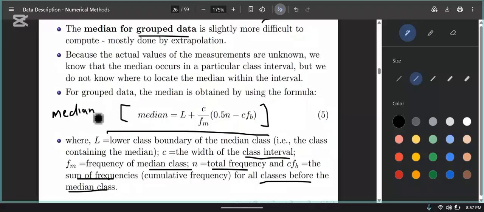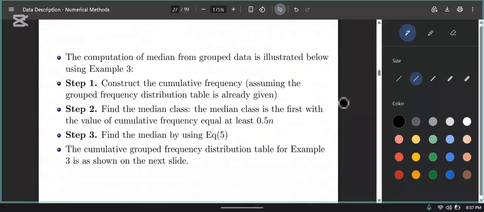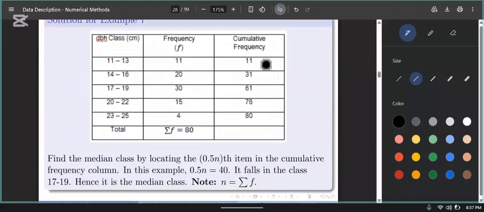Here you cannot arrange the numbers and then get the one in the middle for grouped data, because the data is grouped. For this particular one you have to use the formula. So let's say you are given this.